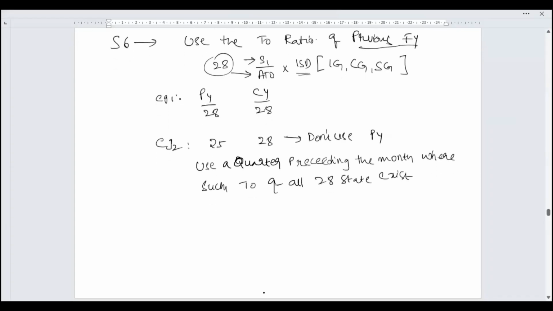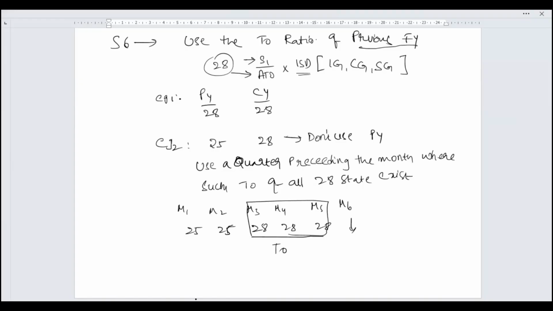Like to say month 1, month 2, month 3, month 4, month 5, month 6. So month 1, I have 25 states. Month 2, 25 states. Month 3, 28 states. 28 states. 28 states. Now in month 6, I have 3 consecutive months with the 28 states. Use this turnover for the purpose of distributing for month 6.